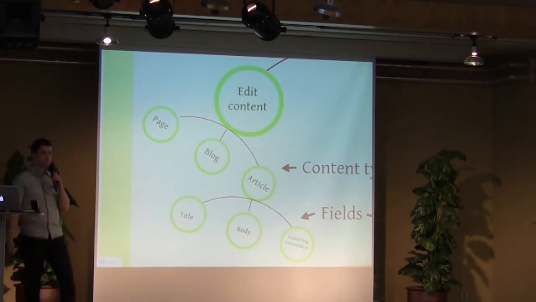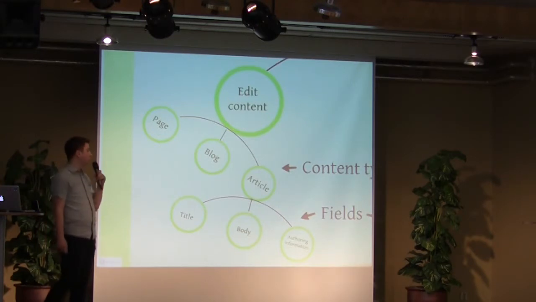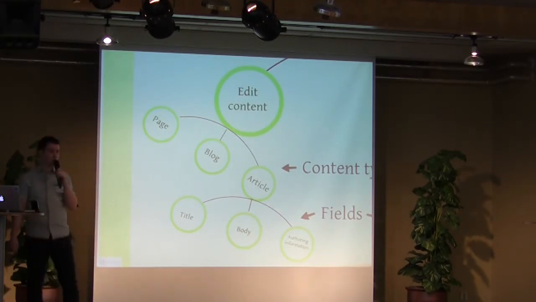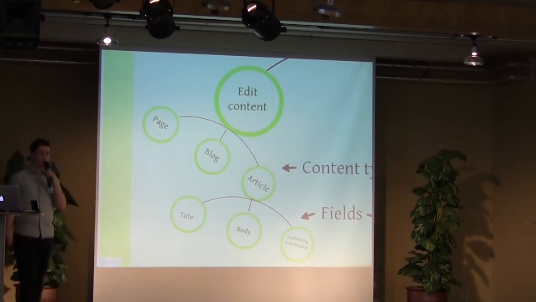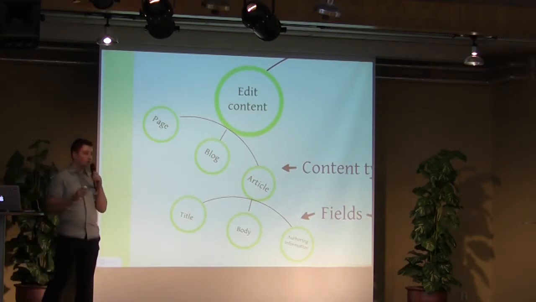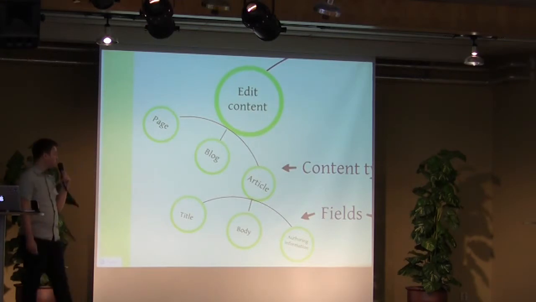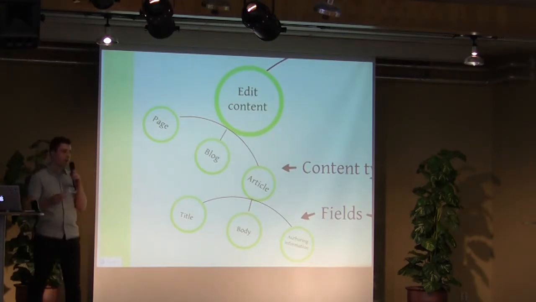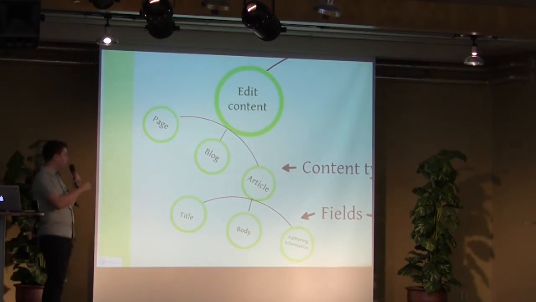So what does it mean? If your user has the edit content permission, that means that user can edit all the content types and all the fields. But you can narrow it down. If you want to let them edit a specific content type, you can narrow it down. For example, edit content, article.